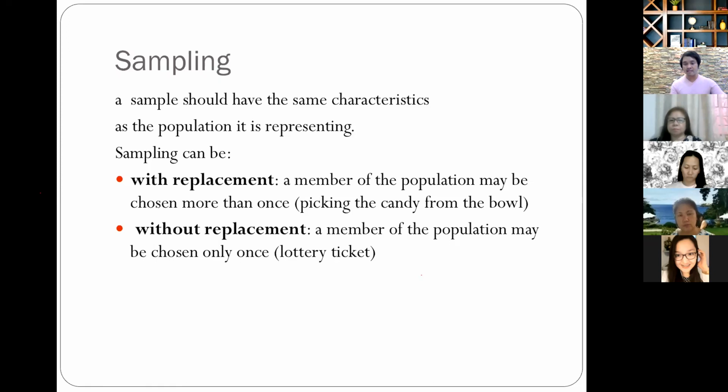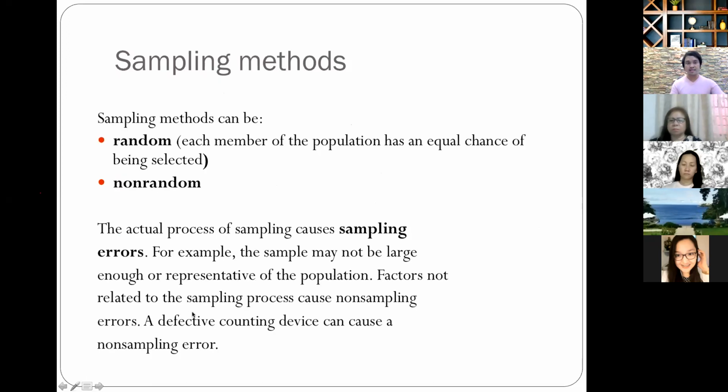Pag sinabi namang non-probability, ito yung opposite. Kung kanina meron kang random selection, ngayon wala kang random selection doon sa tinatawag nating non-probability sampling design. So that is the difference between probability and non-probability, no? Ito yung sinasabi ko, random, each member of the population has an equal chance of being selected. Pero meron din tinatawag na non-random.